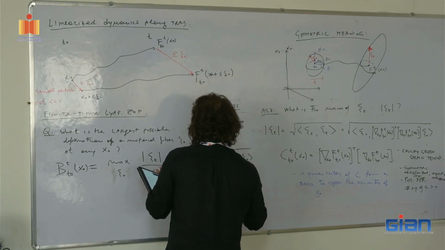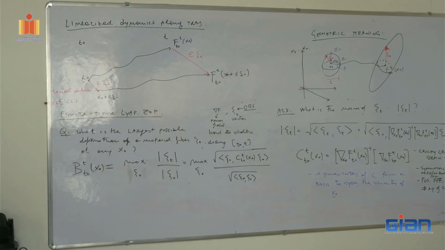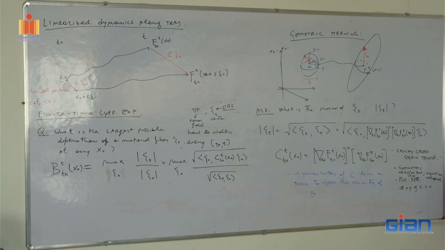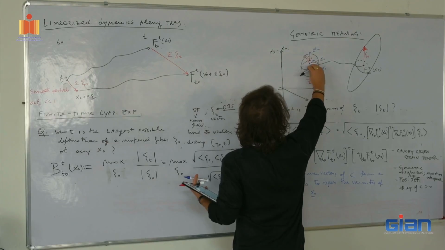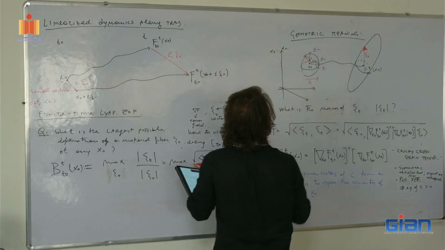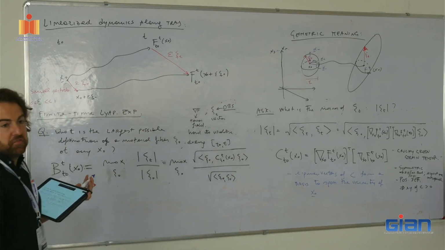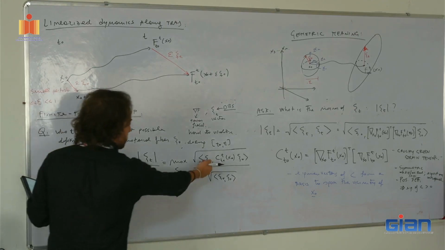Well, you can pick zeta 0 to have unit norm to begin with, because for every point you can always construct a unit vector that spans your infinitesimal ball, so you can eliminate this from the scheme. But if you don't believe it and you want to pick a different parameterization of zeta 0, then you just divide it by this norm.